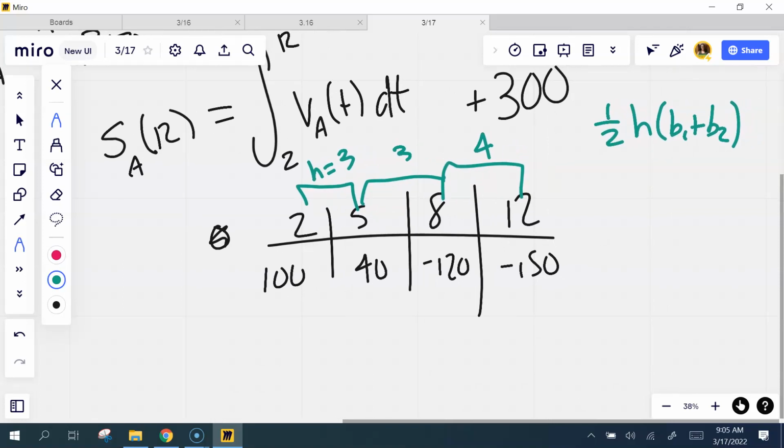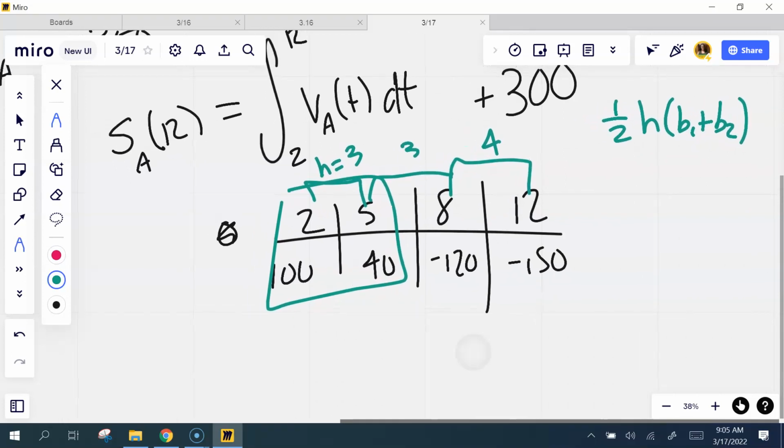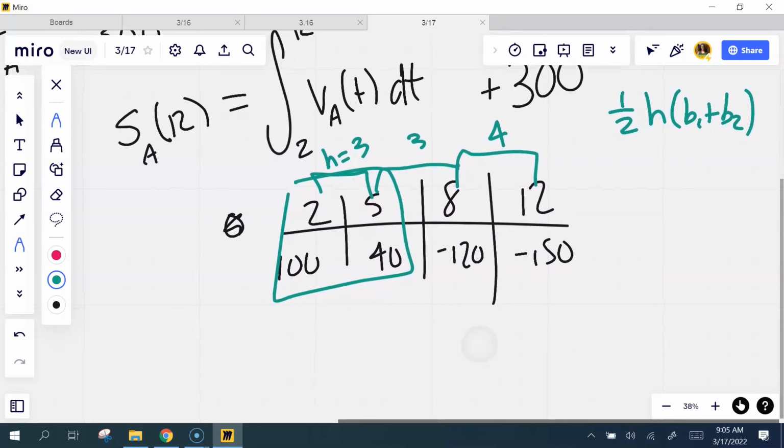If there's a formula they think you need, it will be embedded in the FRQ itself. But do not forget how to find the area of a trapezoid. Ingrain that in your brain. This makes up the first trapezoid. Remember, it gave me the position at 2, so from 0 to 2 I have that already.